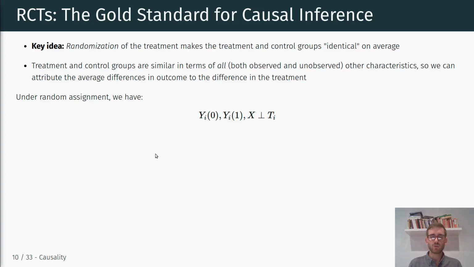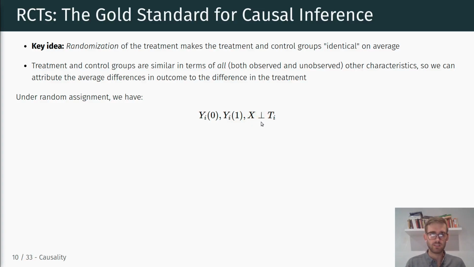Okay, so under random assignment, what we ultimately have is that the potential outcomes Yi0, so that's the potential outcome for each individual observation under the absence of the treatment, so in the control group, as well as Yi1, the potential outcome in the treatment group for each observation, as well as any additional observed characteristic, are all independent.